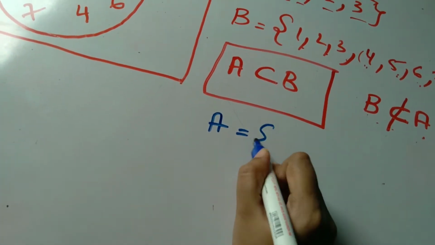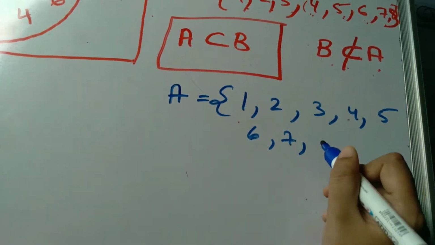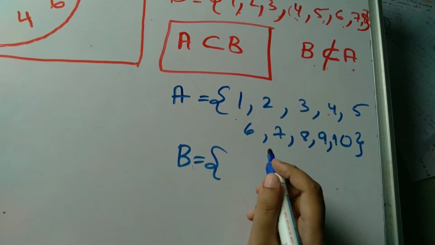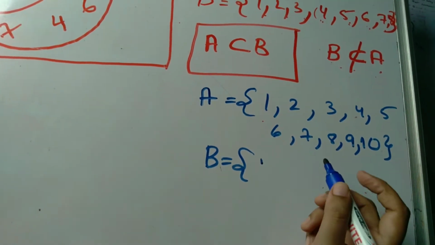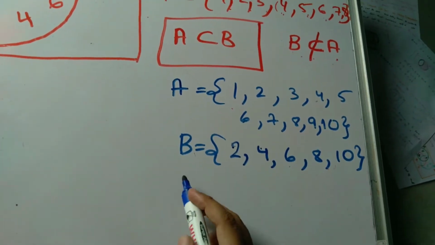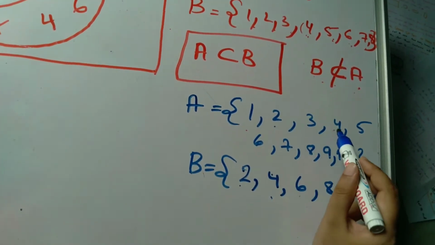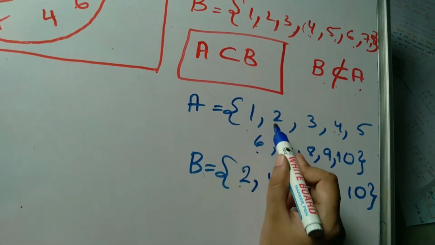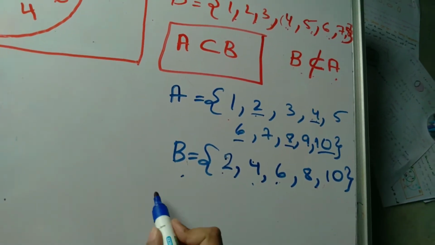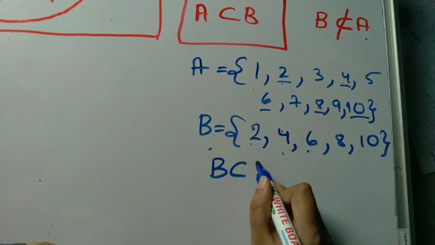If A is 1, 2, 3, 4, 5, 6, 7, 8, 9, 10, and B is 2, 4, 6, 8, 10, then look here, all the elements of B are in A. 2 is in A, 4 is in A, 6 is in A, 8 is in A, and 10 is in A. So all the elements of B are in A, so B is a subset of A.